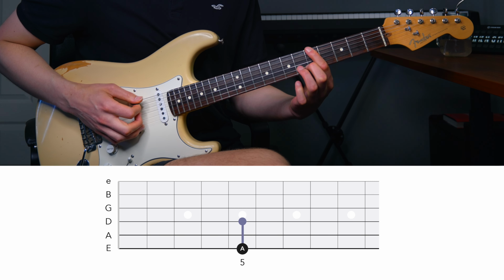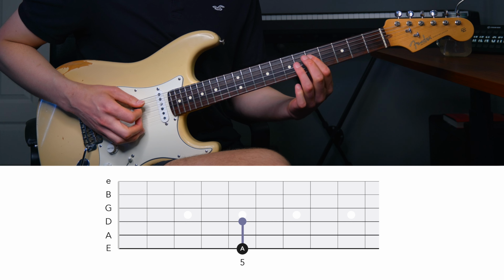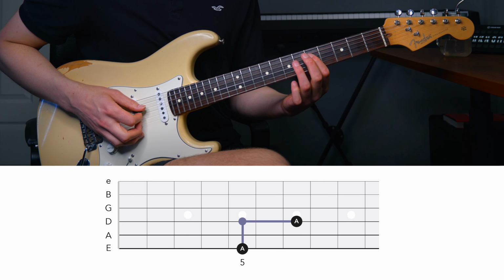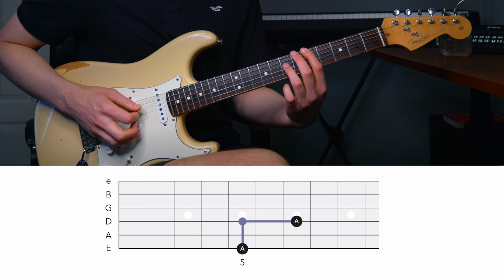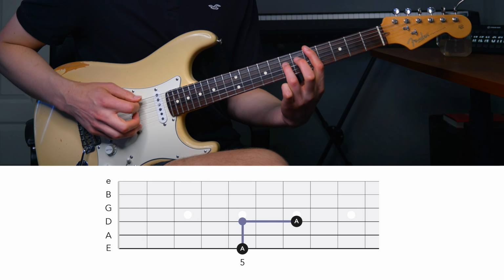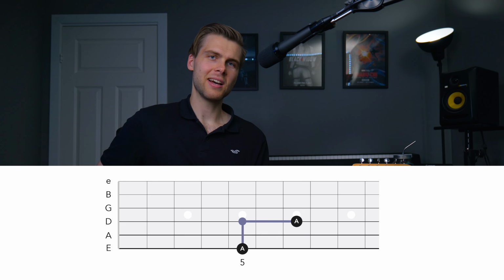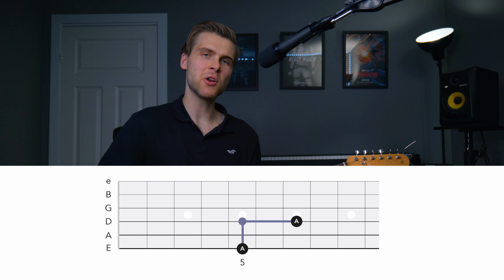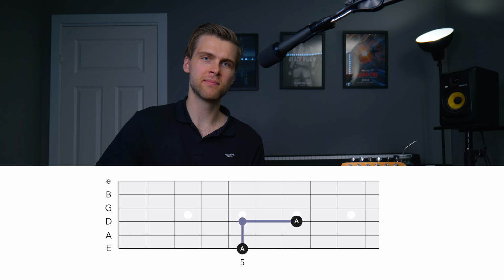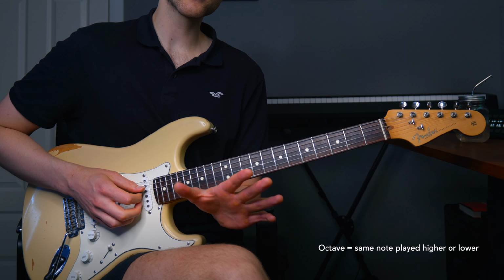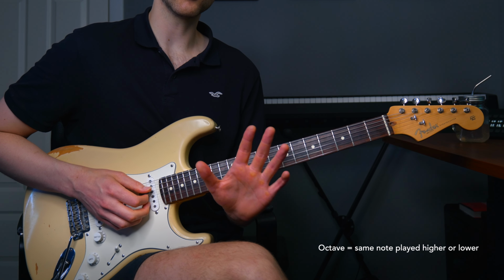So we go 2 strings up and 2 frets to the right. As you can hear, this is the exact same note, just a different octave. An octave means it's the same note, just played higher or lower.